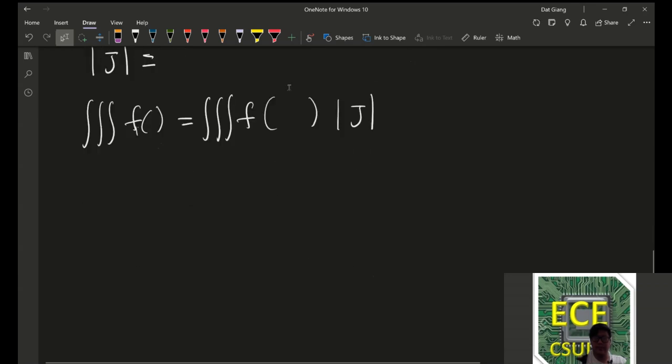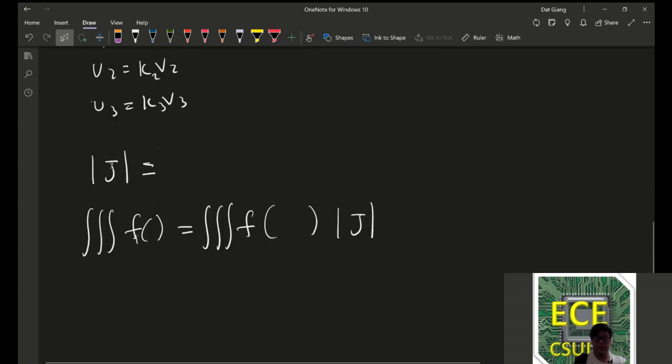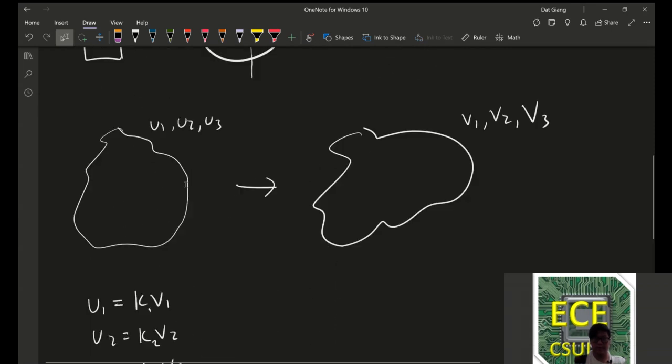Just in general, we can expand this to any kind of space, small or large, and we can show that regardless, we're able to find a relation between the two using this Jacobian matrix, which is our scaling parameter in order to go from one space to the other.